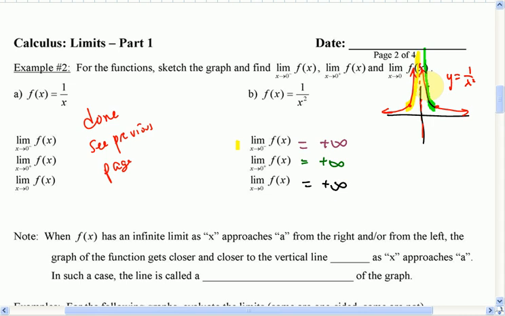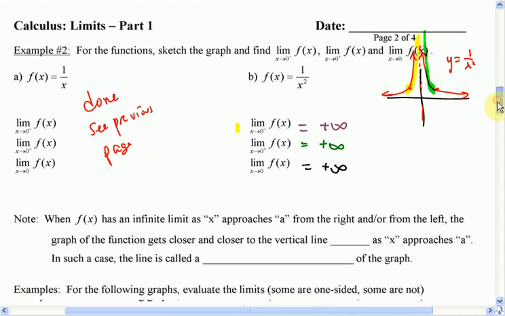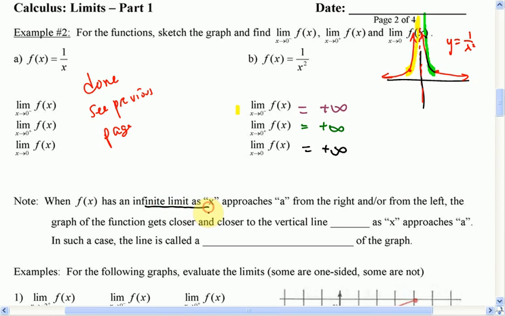Now be careful when f of x has an infinite limit as x approaches a from the right or from the left. The graph of the function gets closer and closer to the vertical line x equals a as x approaches the value of a, right?